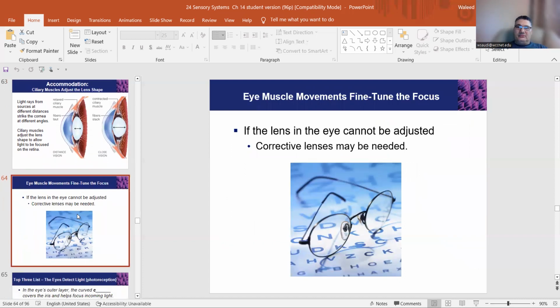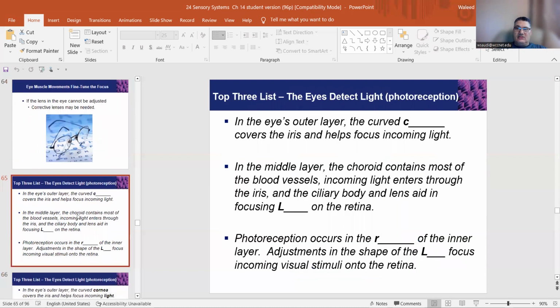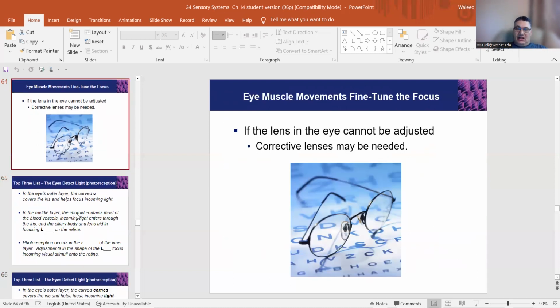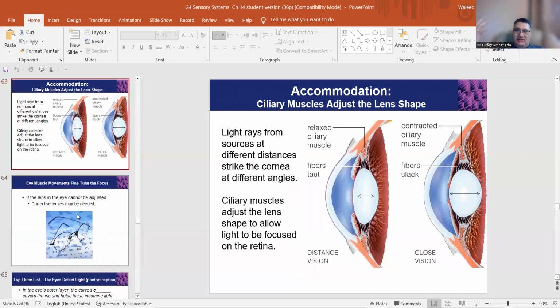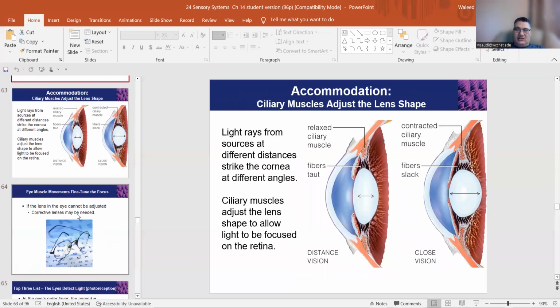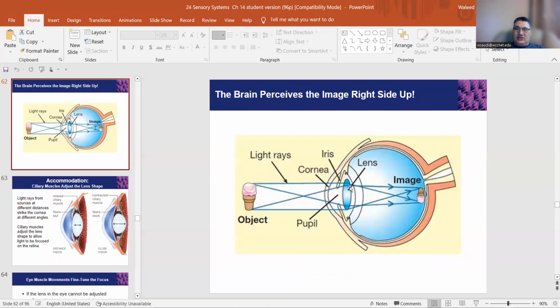Some people will have an issue. This is very common, obviously, that they need glasses or corrective lenses. What does it mean? It means, and I'm not going into the details, but only if you guys are interested to know, look at this picture right here and think about it.